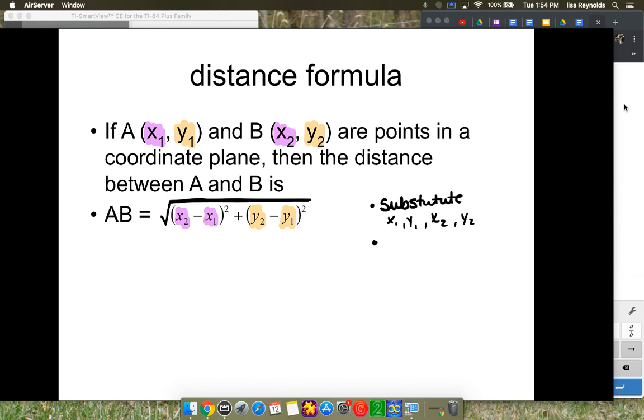The next thing you're going to do is the subtraction that is in the parentheses. After we do the subtraction, you're going to do the exponent. So we have that square. Make sure you use parentheses around these, especially if you have negative numbers. After our exponents, we're going to do our addition that is between the two sets of parentheses. And last, we're going to do the square root.